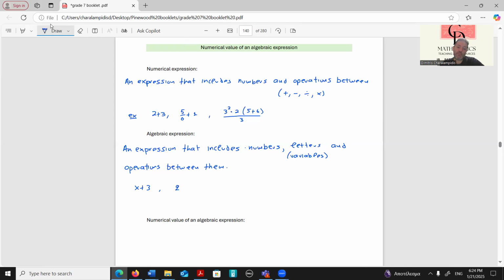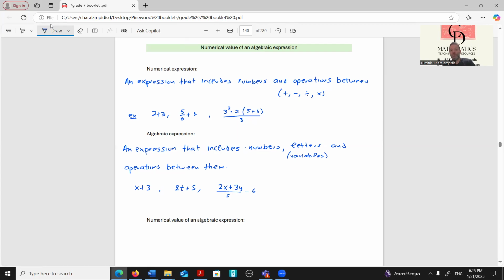Another algebraic expression could have been 2t plus 5. This time we use the letter t. Another one might have been one that contains two different letters. So for instance, 2x plus 3y over 5 minus 6, and so on.